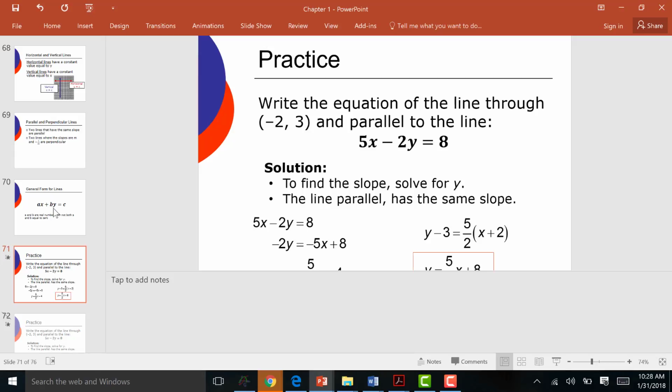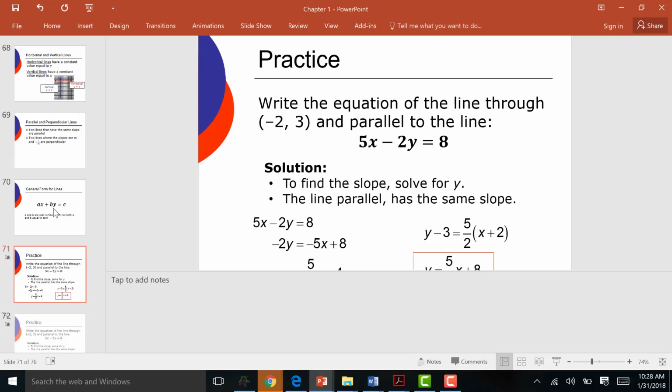Can you guys see that? We're still simplifying. I haven't changed anything on the left yet. 5 times 2 is 10, and 2 times 1 is 2, so I got 10 over 2.